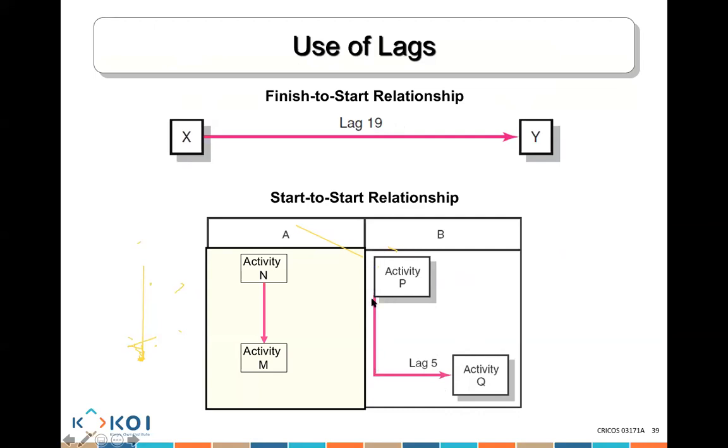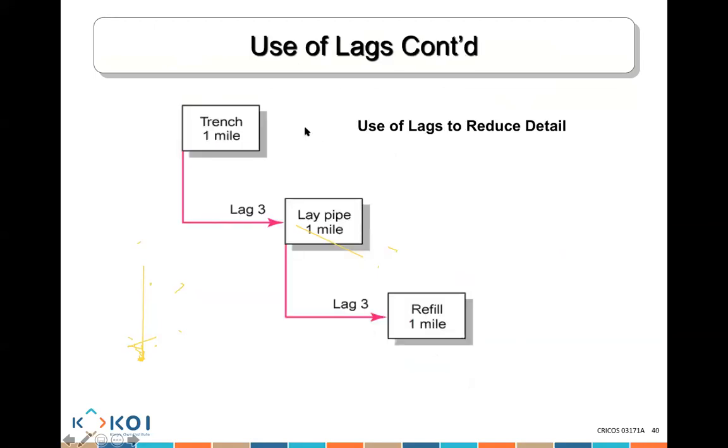This is the start of the project. Here, activity lay pipe cannot start until 3 days after trench mile has started, and activity refill cannot start until 3 days after activity lay pipe has actually started.